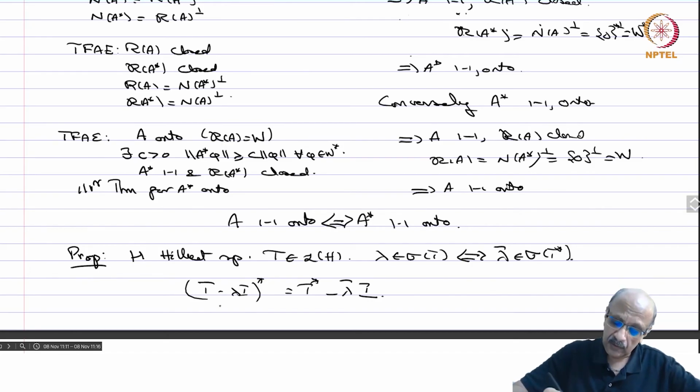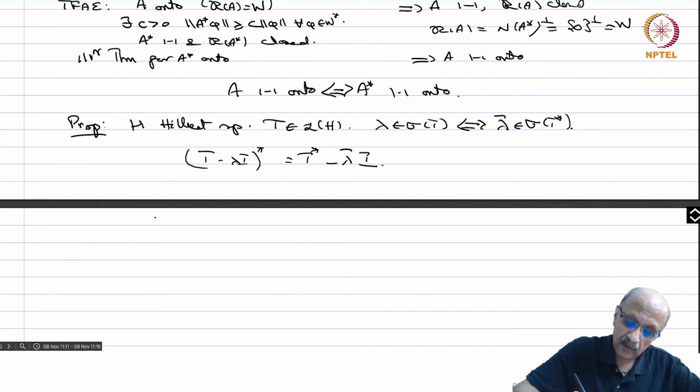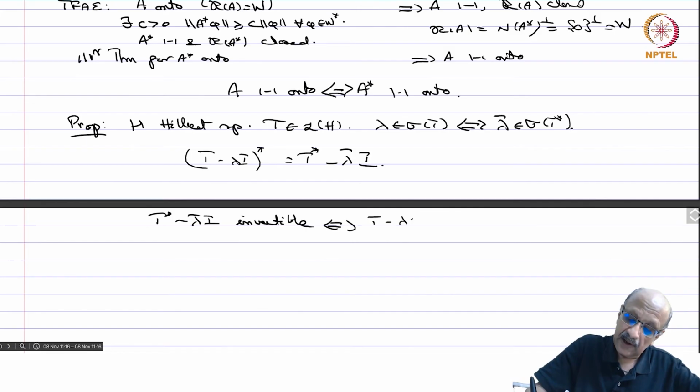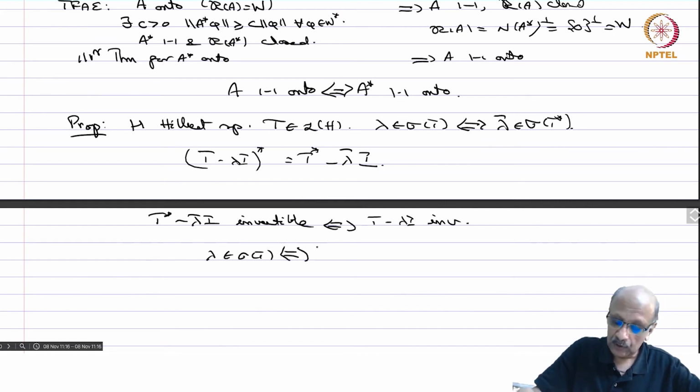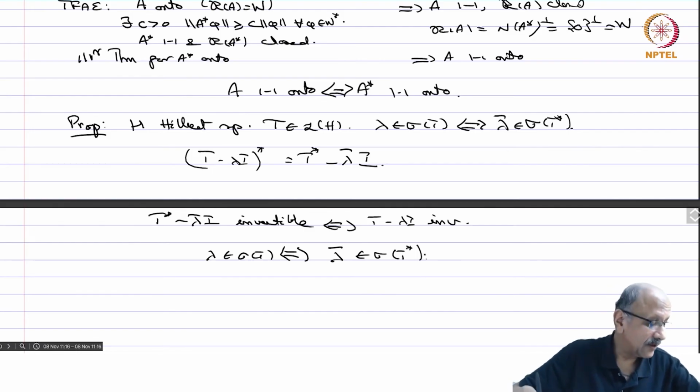So T star minus lambda bar I is invertible if and only if T minus lambda I is invertible, and since rho T and sigma T are the complements of each other, lambda belongs to sigma T if and only if lambda bar belongs to sigma T star. Okay, so that is the thing.